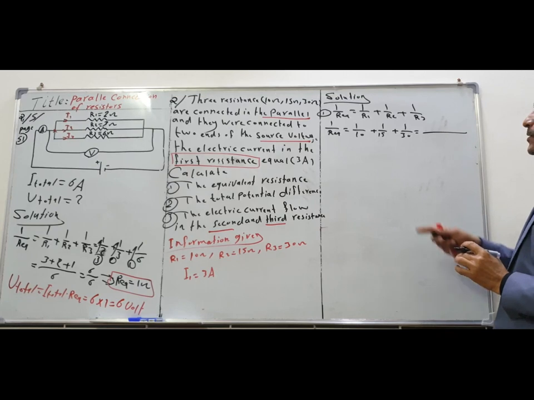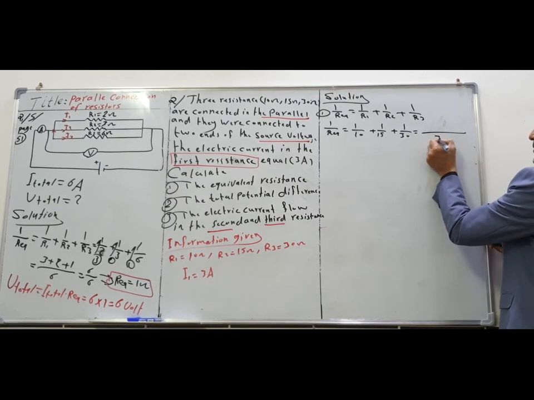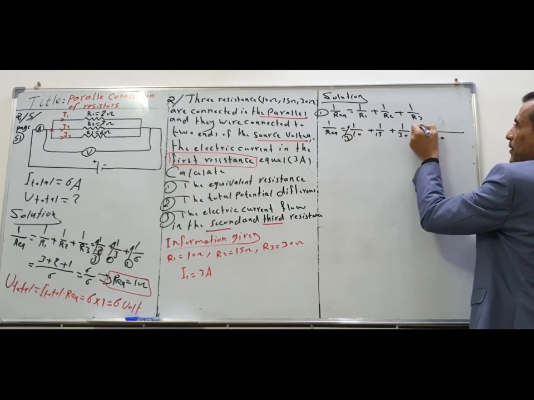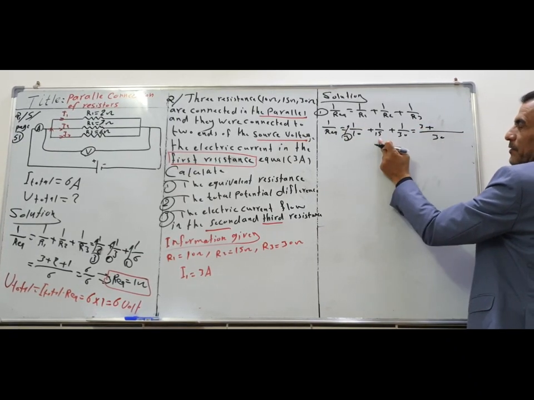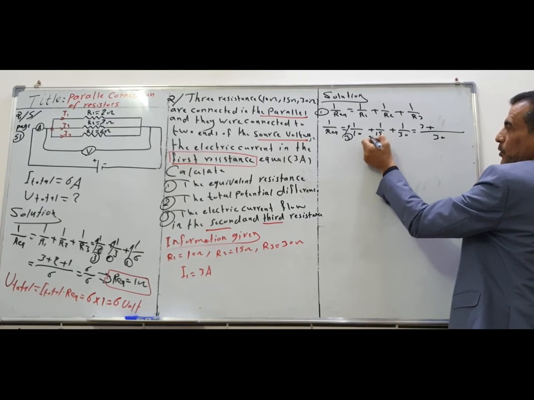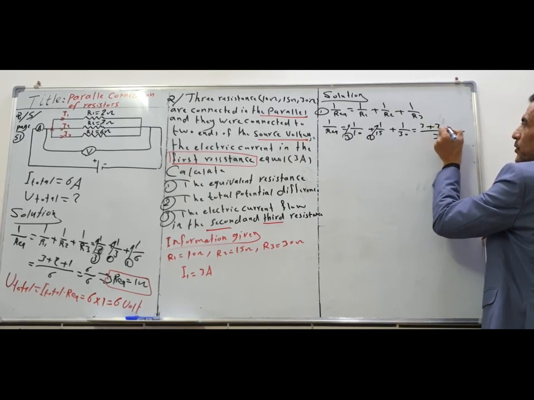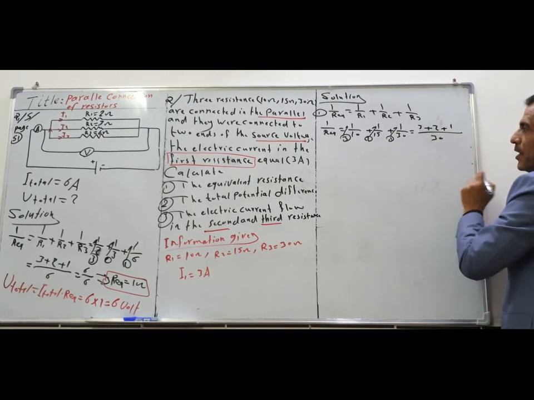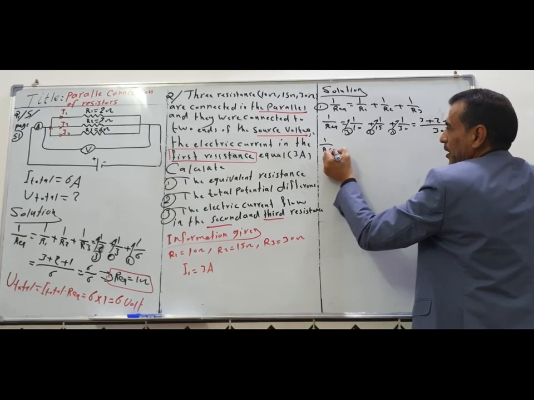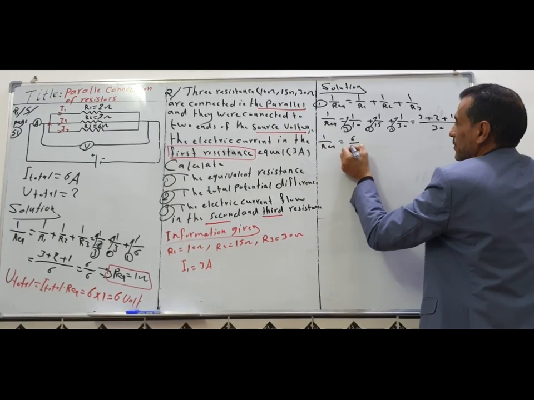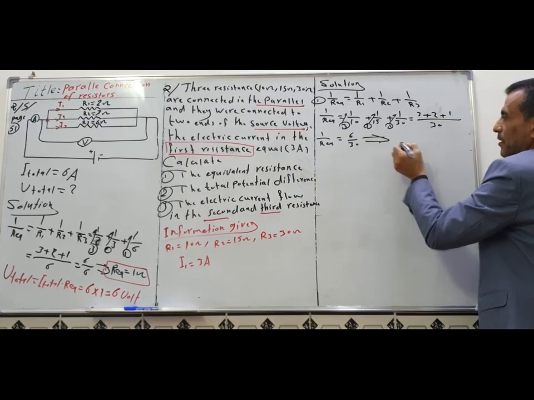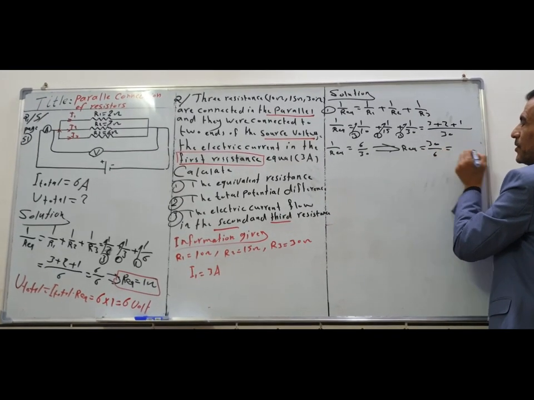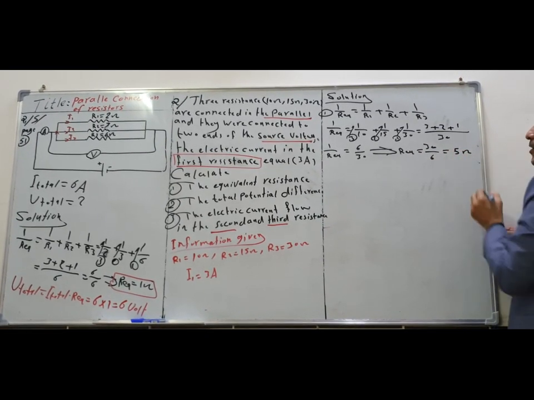Taking the common multiple, 30: 30 divided by 10 equal 3, 3 times 1 is 3, plus 30 divided by 15 equal 2, 2 times 1 equal 2, plus 30 divided by 30 equal 1, 1 times 1 equal 1. 1 divided by R equals 6 divided by 30. R equivalent equals 30 divided by 6, equal 5 ohm.